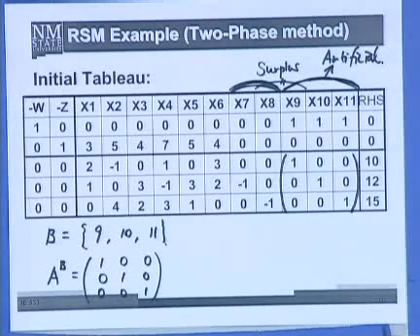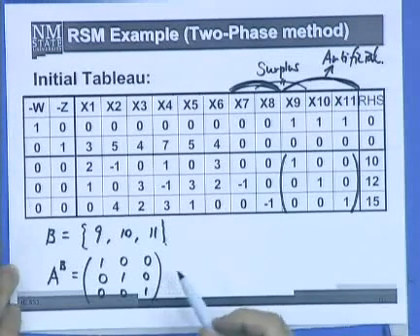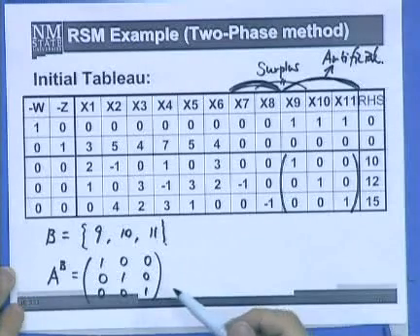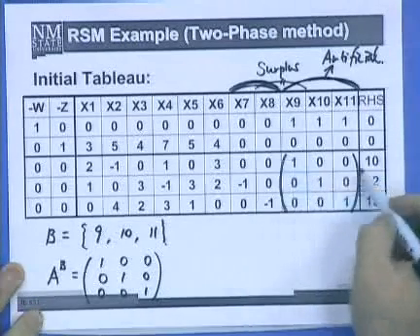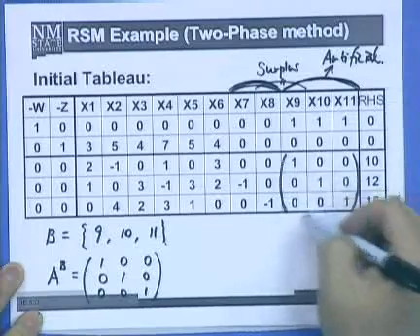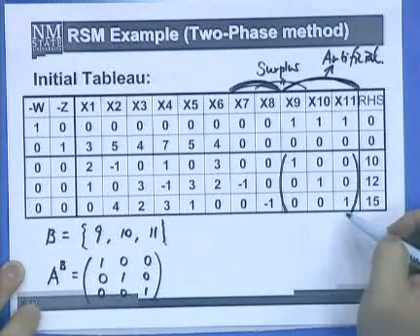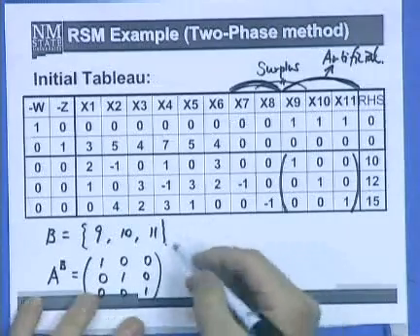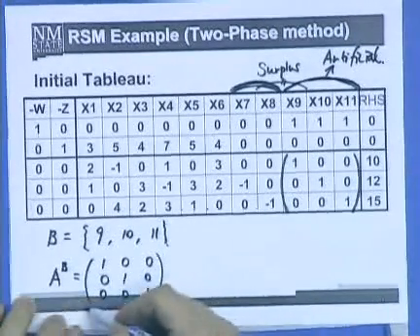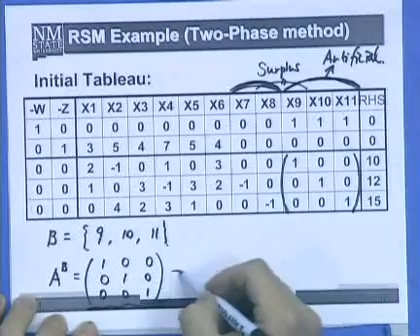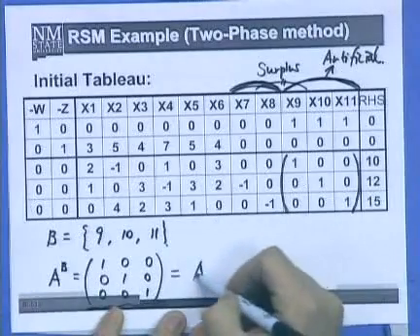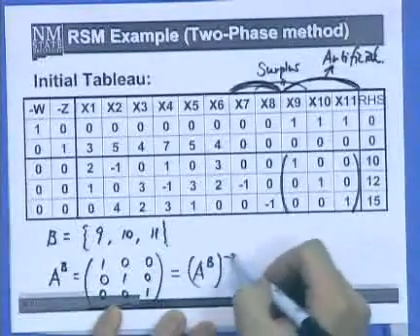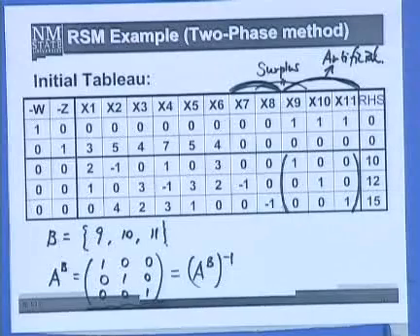Because the basic variable columns of the constraint coefficient matrix, these are the basis matrix. Okay? And because this is the identity matrix, the inverse matrix is same, right?